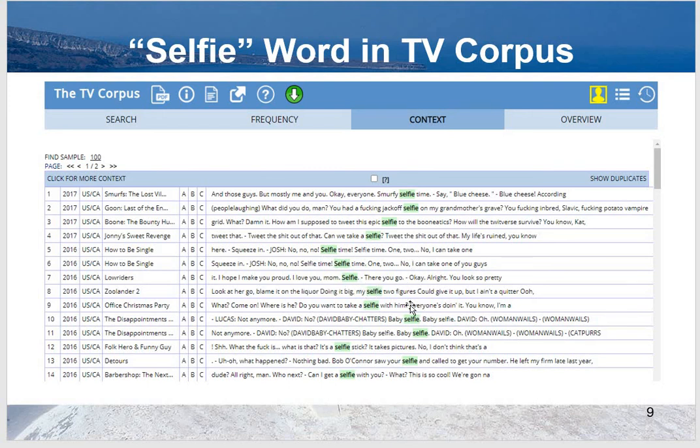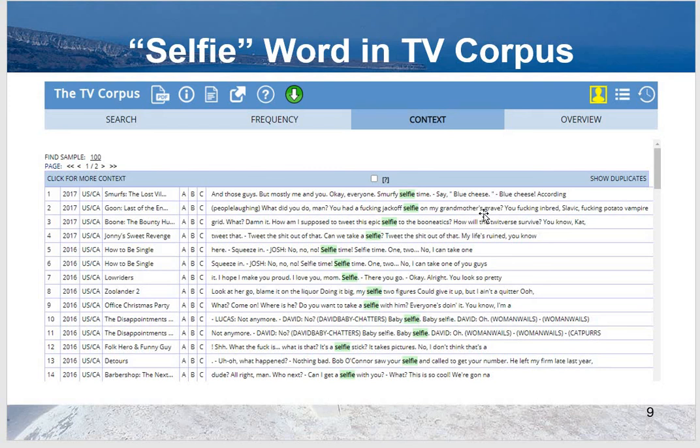Selfie time, mom selfie, doing it big, my selfie, two figures, take a selfie. Now you are learning a collocation: take a selfie. How am I supposed to tweet this epic selfie? So you can learn that the adjective epic can be used with selfie.